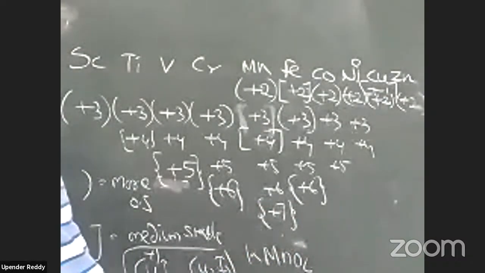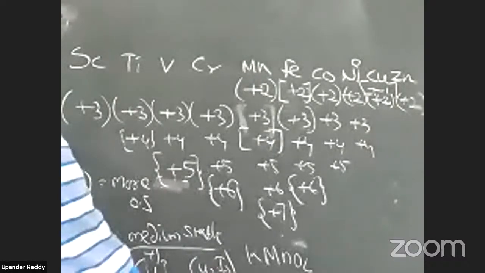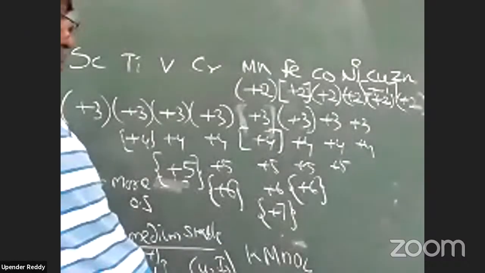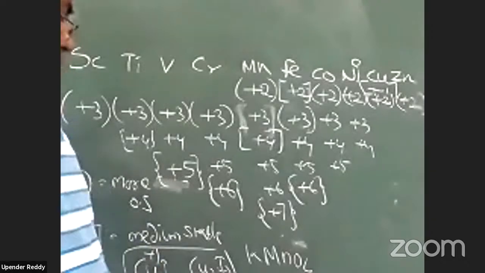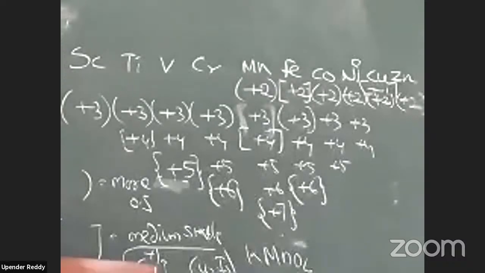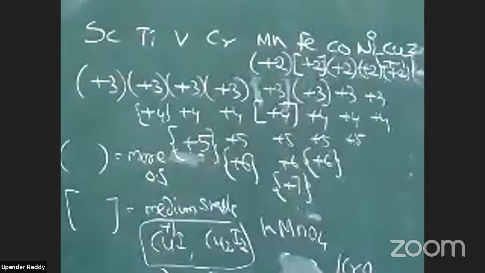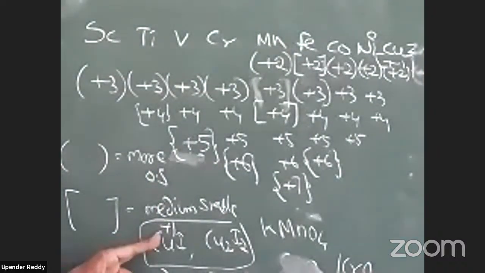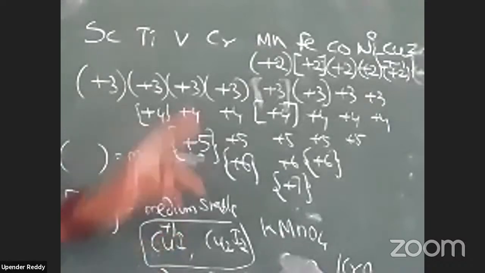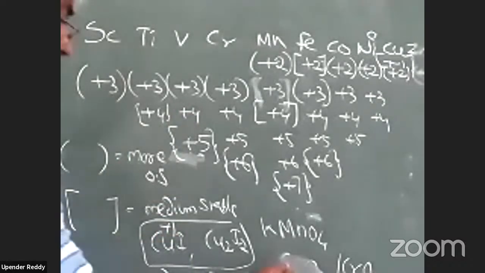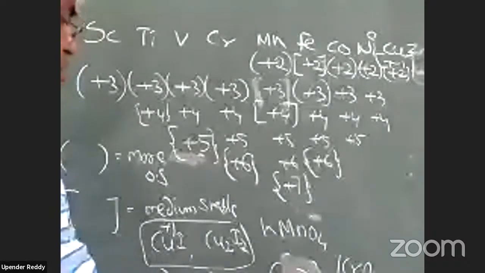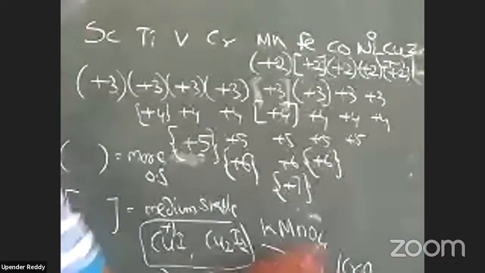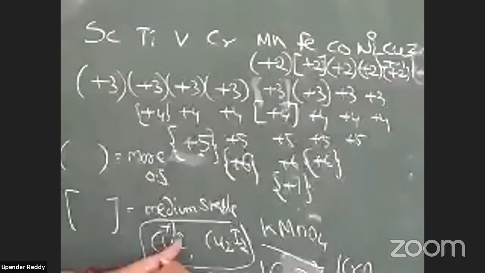Chromium trioxide, CrO3, here +6 is the more stable oxidation state. Manganese oxide +4. Cuprous iodide +1. But copper iodide, CuI2, the +2 compound, is less stable.